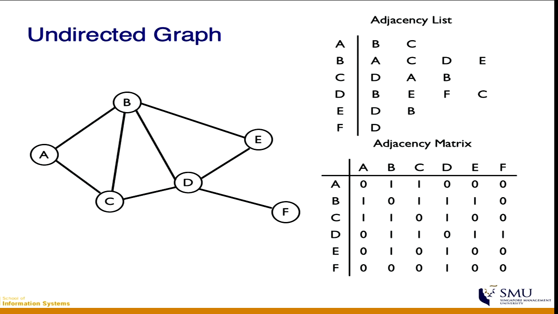Okay, now we were talking about directed graphs. Now we're going to talk about the complement of it, which is what we call an undirected graph. An undirected graph is different from a directed graph in the sense that you don't see the arrows. There are no directions indicated on the graph. For instance, for AB here, there is no arrow either way.